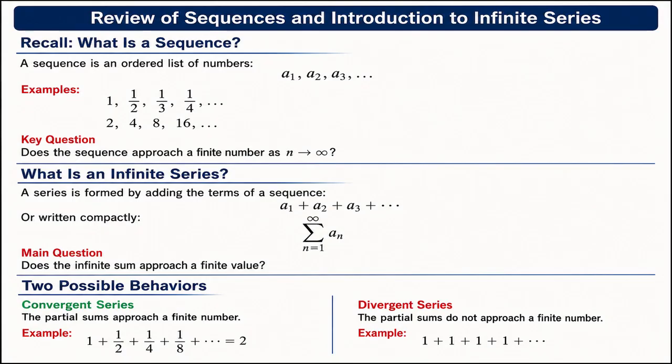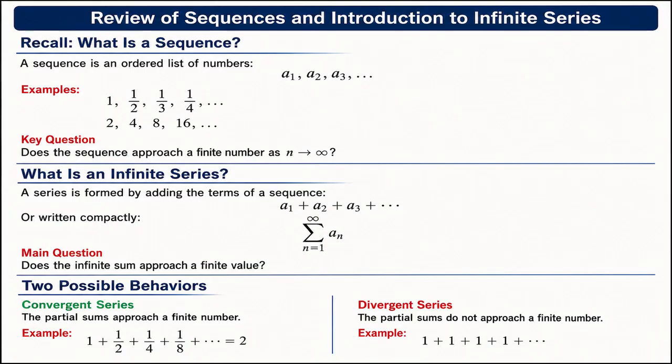Second, a divergent series. This means the partial sums do not approach a finite number. For example, 1 plus 1 plus 1 plus 1 and so on clearly grows without bound.